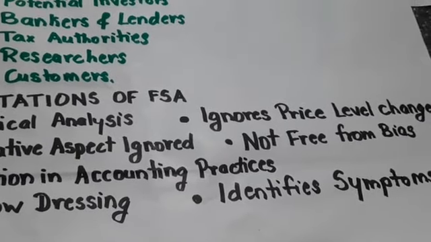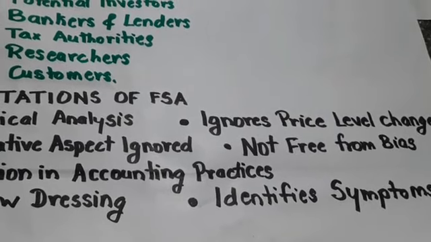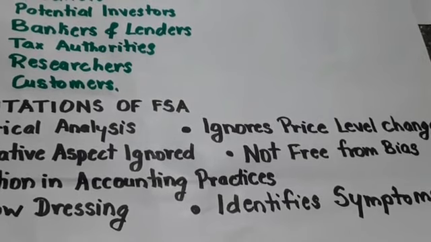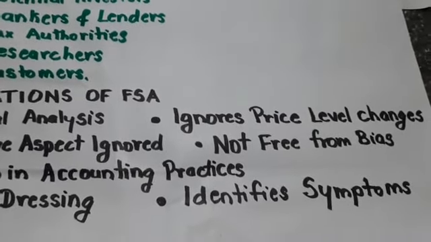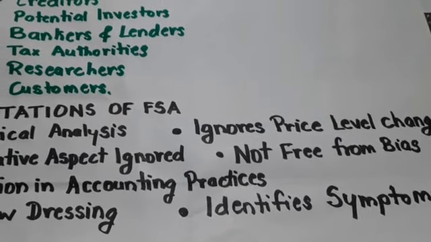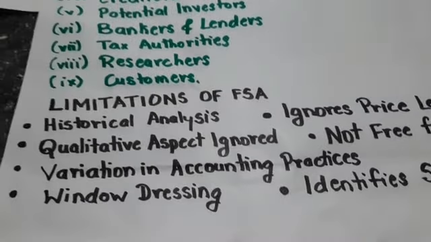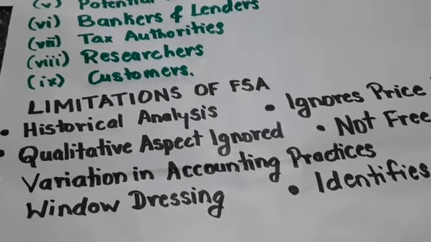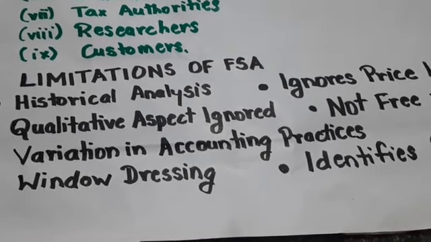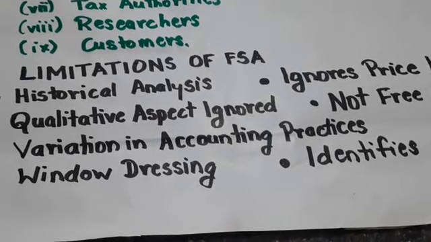Next is ignoring price level changes. As the recording of information in financial statements is historical in nature, price level changes are not recorded in the financial statements. So that becomes a drawback for analyzing the financial statements. Third one is that qualitative aspects are ignored. We know that one of the rules of accountancy is that only monetary aspects are recorded.